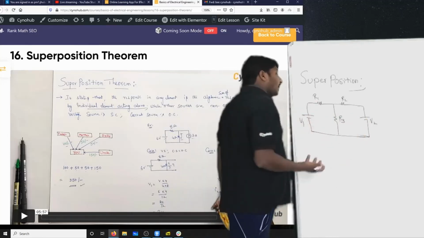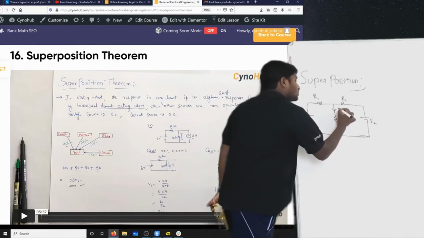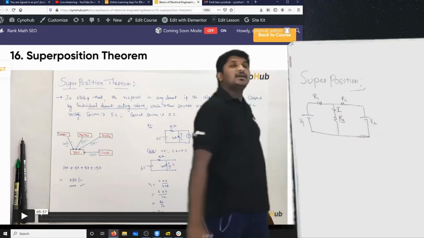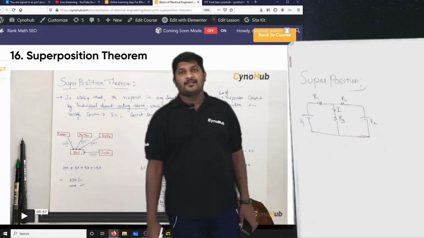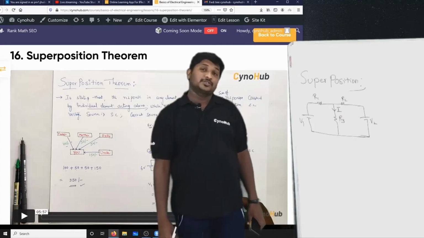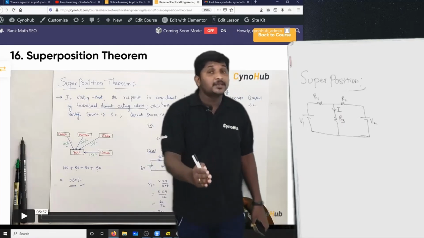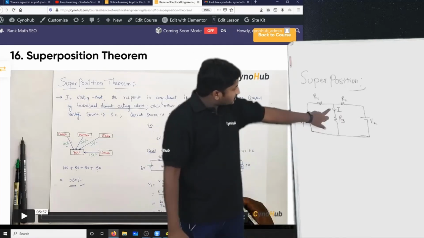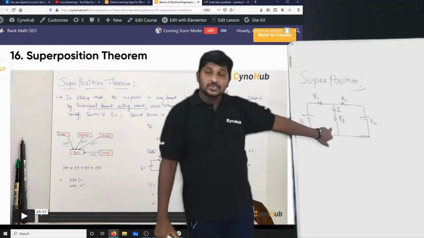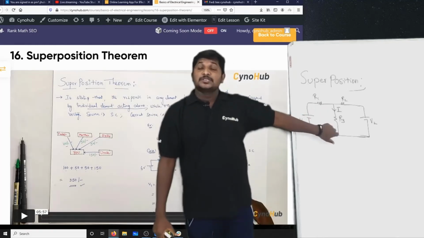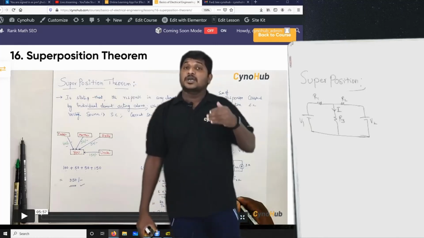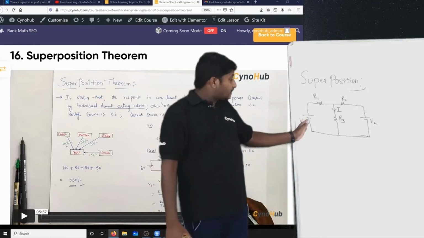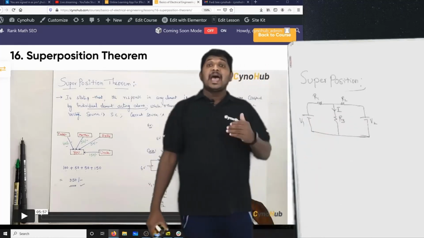Now I want to find out the response in R3. What is the statement? The response in any branch is equal to the sum of the responses caused by individual sources acting alone.